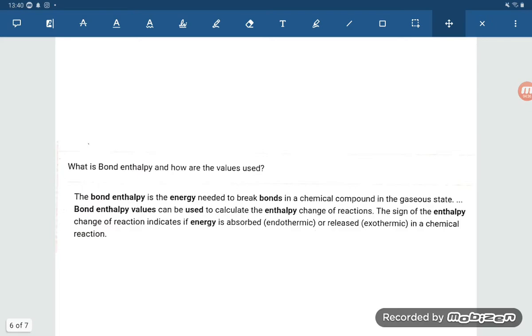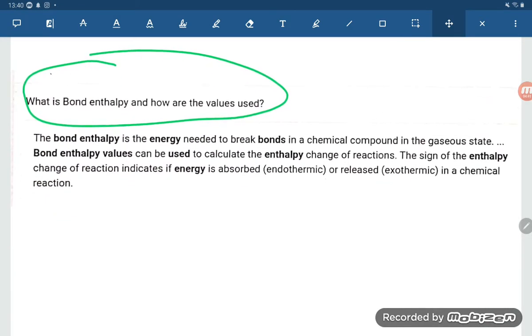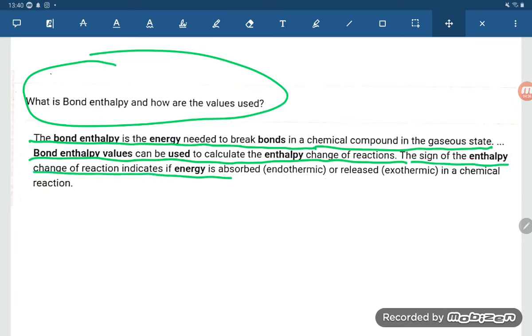Next, how are bond enthalpy values used? The bond enthalpy is the energy needed to break a bond in a chemical compound in the gaseous state, and bond enthalpy values can be used to calculate the enthalpy change of the reaction. The sign of the enthalpy change indicates whether energy is absorbed (endothermic) or released (exothermic) in a chemical reaction.